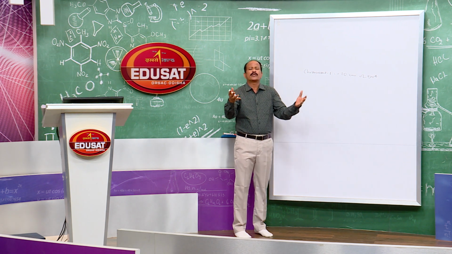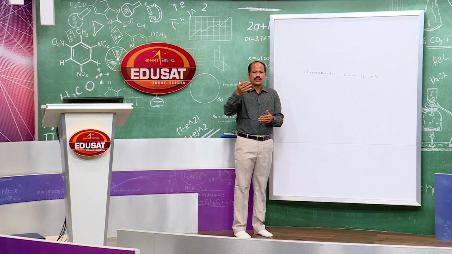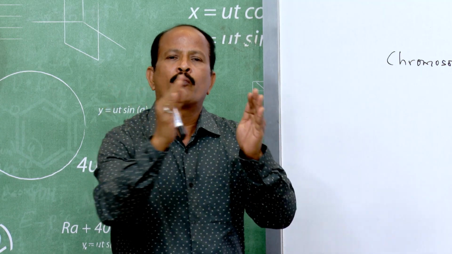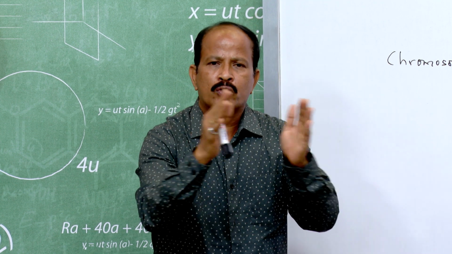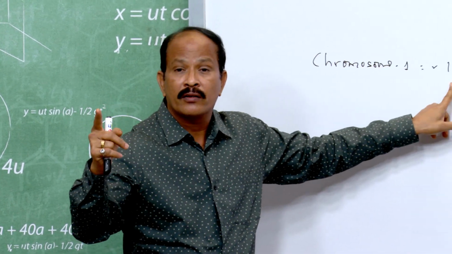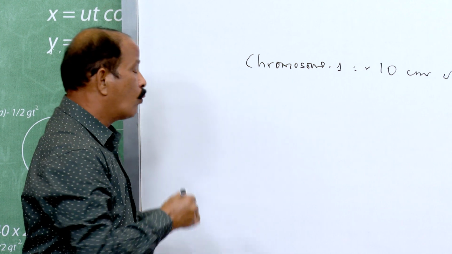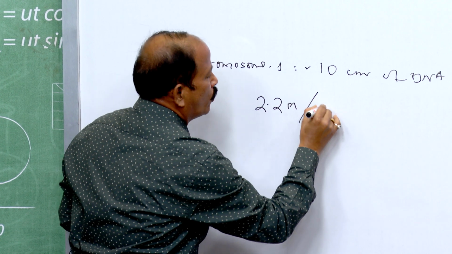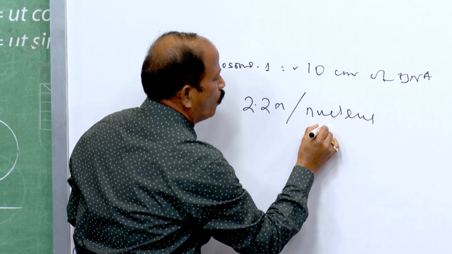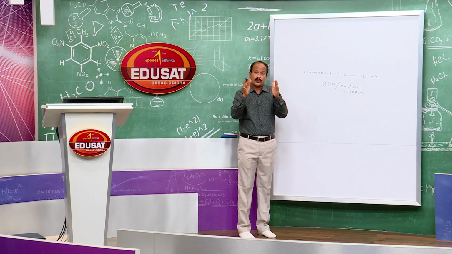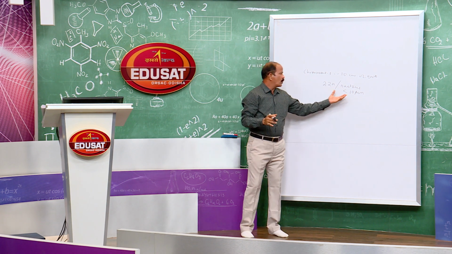Sometimes it is written as 2.2 meters, or in general perception we can say more than 6 feet long DNA is present in each eukaryotic cell, spread over 46 DNA molecules of different lengths. Chromosome 1 has 10 centimeter long DNA, but my question is how this 2.2 meter long DNA is present in each nucleus, which is below 10 micrometer. The nucleus of each human cell comes below 10 micrometer.